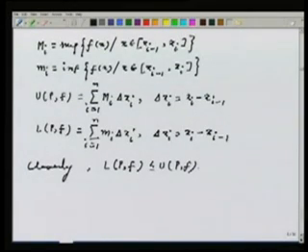Fine. If you notice what U(P,f) is, it is just the sum of areas of the rectangles which superscribe the region under the curve, because each term capital Mi times delta xi is height times base. So it is the area of a rectangle, and then I am summing them up.